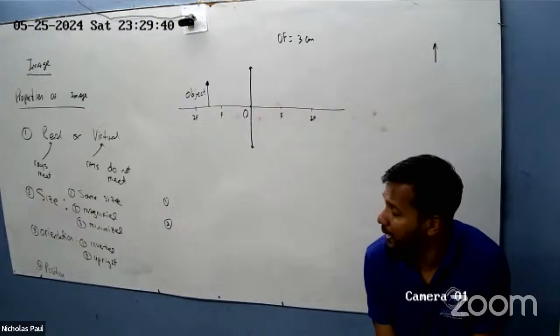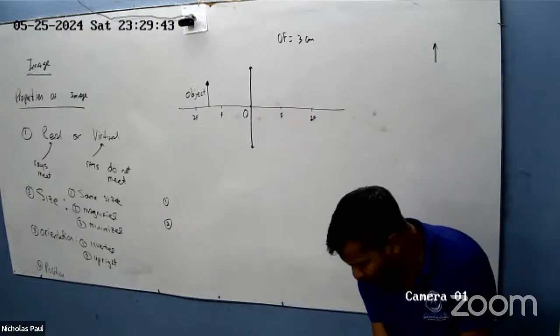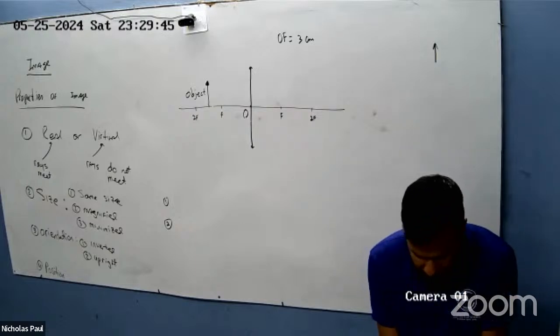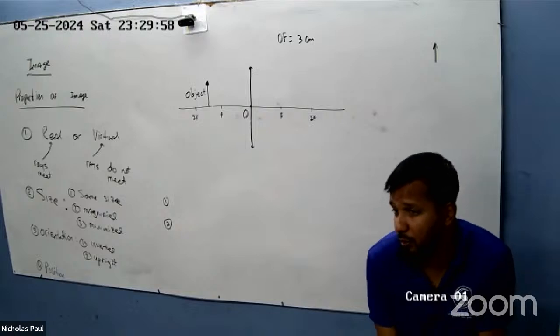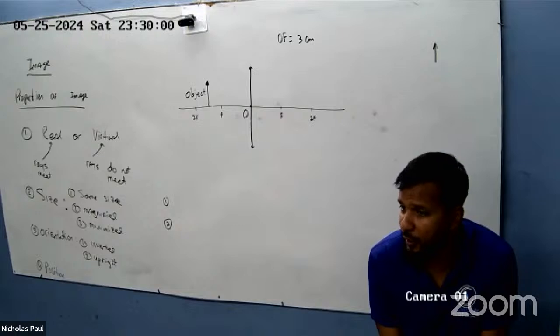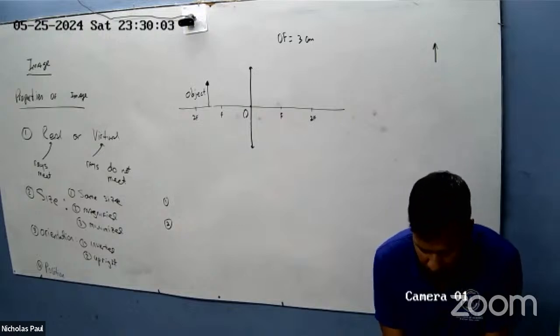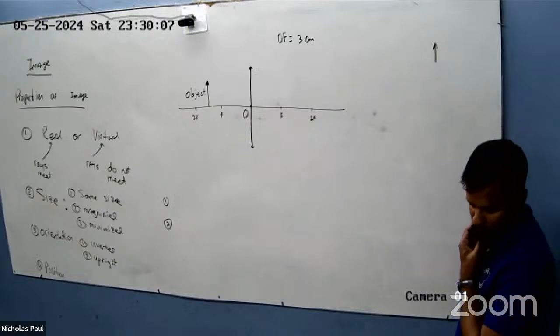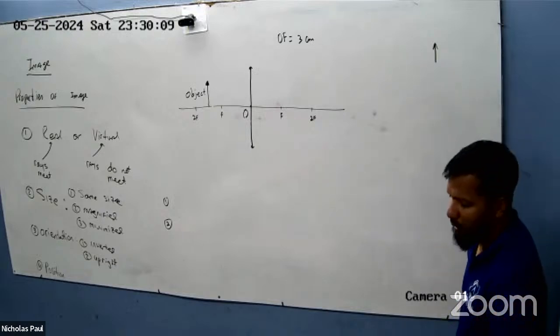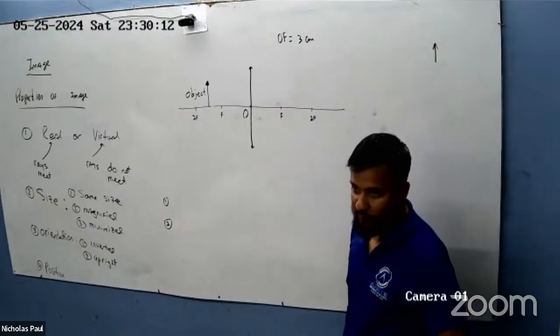Parallel to the principal axis, then through the focal point. Number 2, a ray through the optical center.